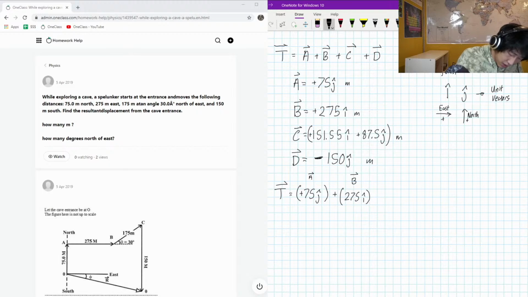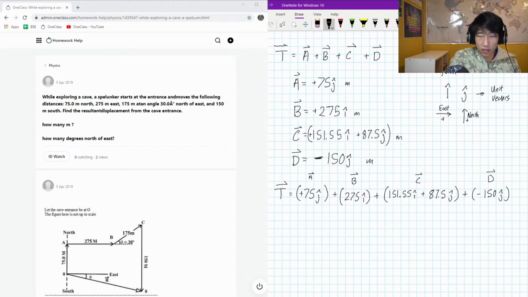That's our B, plus our C vector, which is 151.55I plus 87.5J. That's our C, and our D is going to be negative 150 in the J direction.